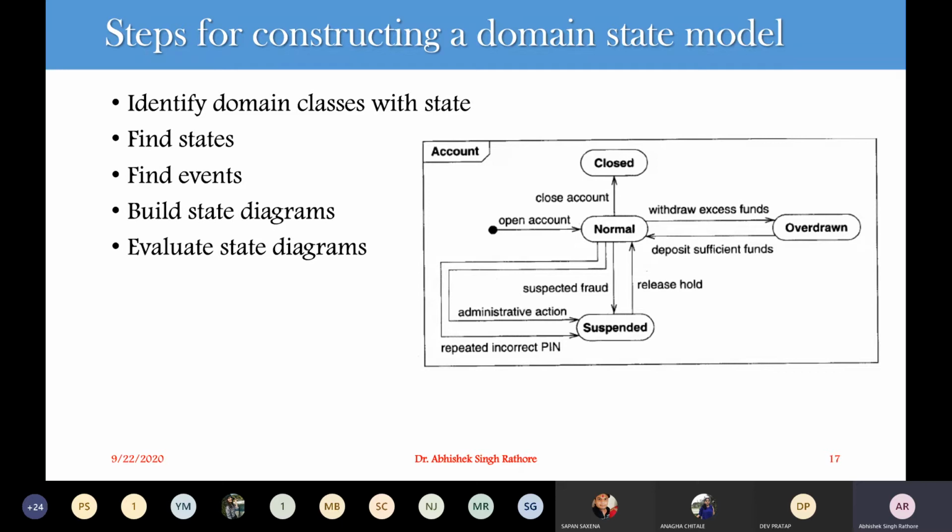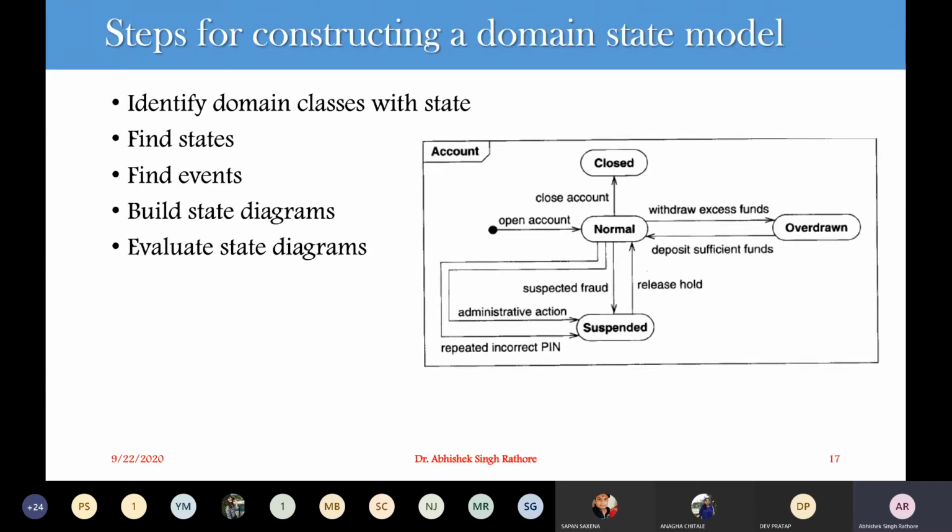When we are considering this domain state model, the first step is to identify your domain classes with a particular state. So again, consider this example: we are considering this account. We can have this account as a normal account, or it can have different states, such as an overdrawn account, a closed account, or a suspended account.